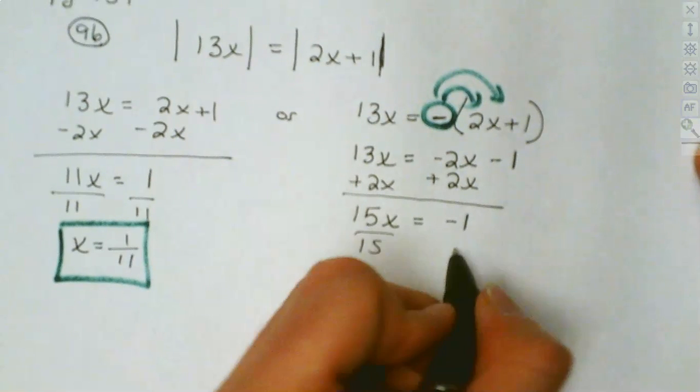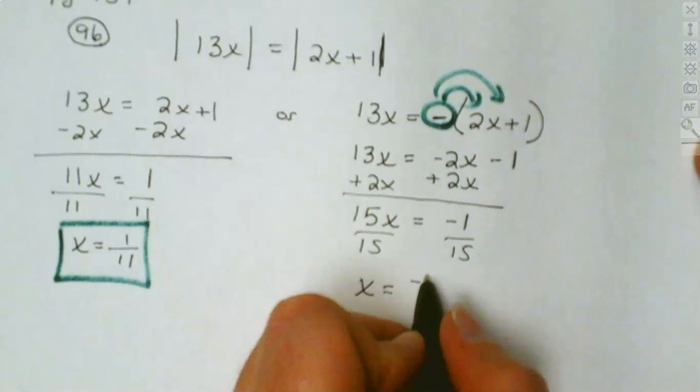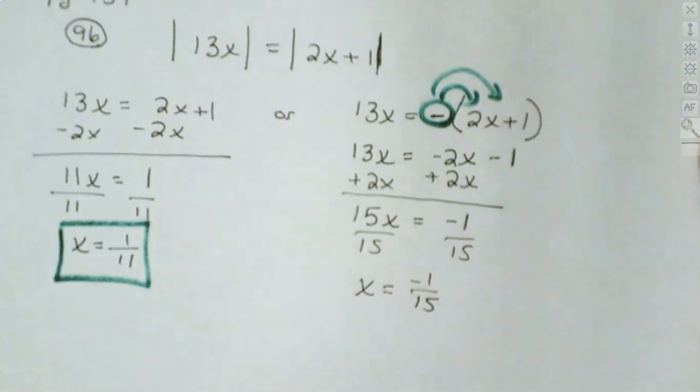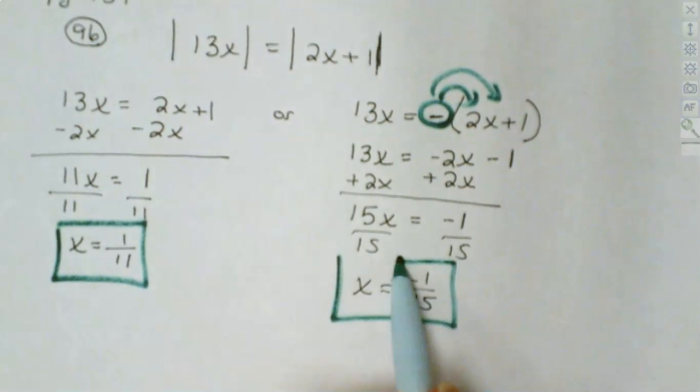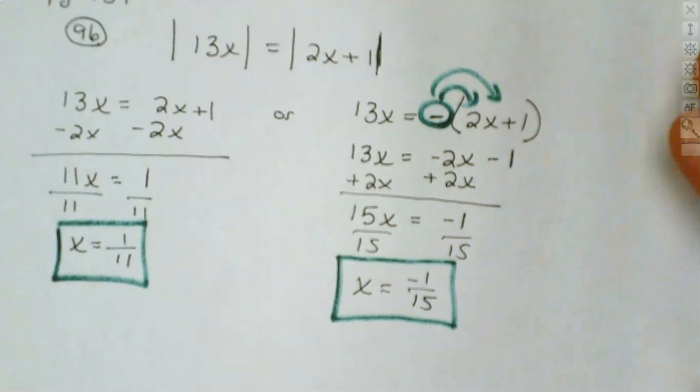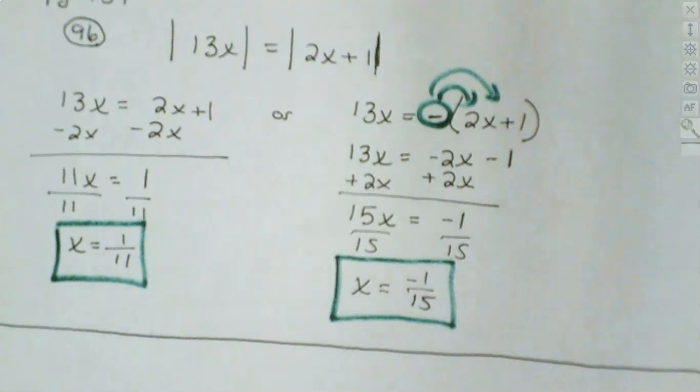Divide by your 15. And x now equals a negative 1 over 15. There's your two solutions, and we do not need to graph it. Why not? Because it's an equal sign.